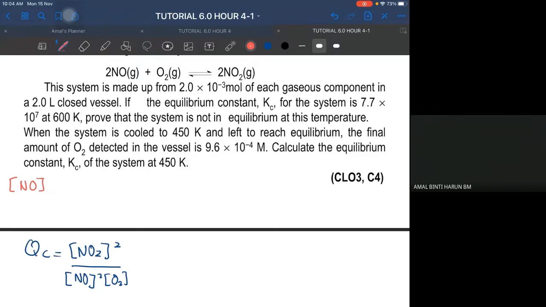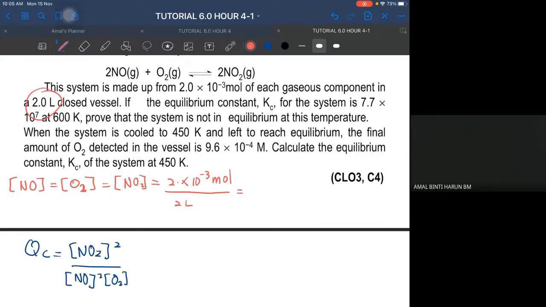Semuanya satu mol kan? Semuanya mol yang sama, 2 eksponen negatif 3 mol. Mol oksigen sama dengan mol NO sama dengan mol NO2. Macam mana kita boleh kata concentration dia sama? Sebab semua mol dia orang sama, divide by volume 2 liter.